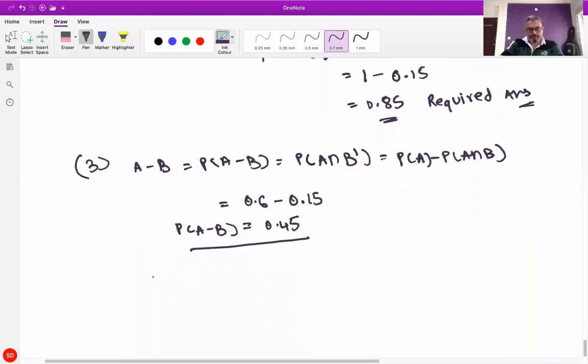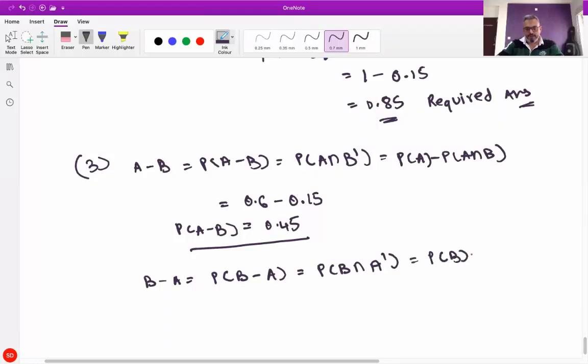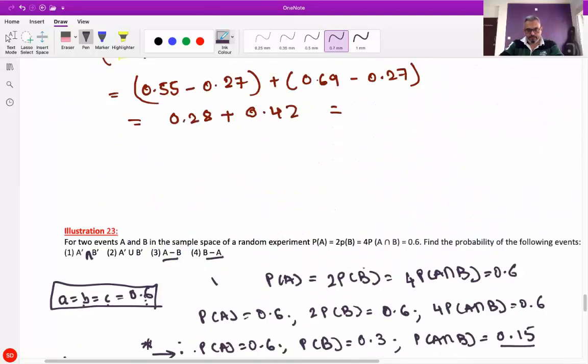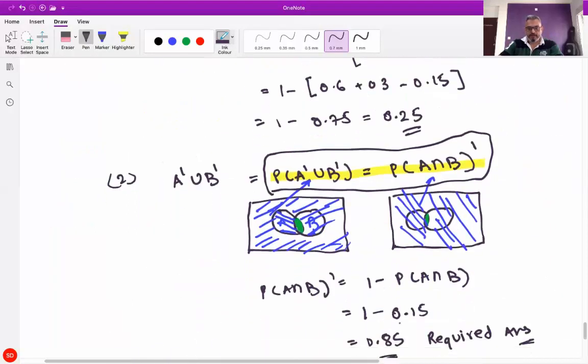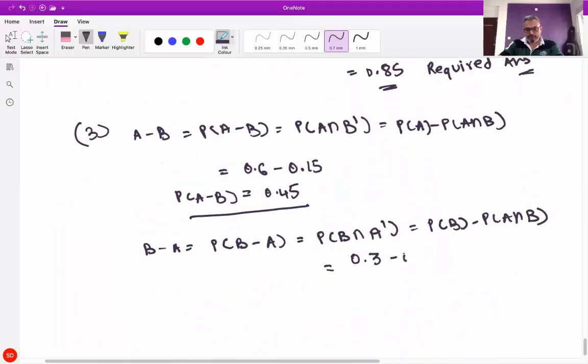And then B minus A is equal to probability of B intersection A complement, which is probability of B minus probability of A intersection B, which is equal to 0.3 minus 0.15, which is 0.15.